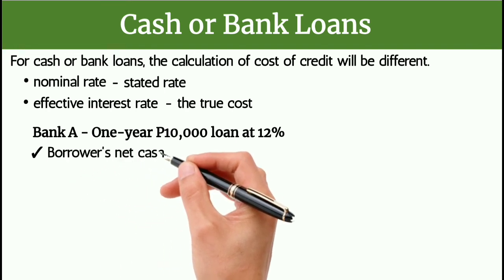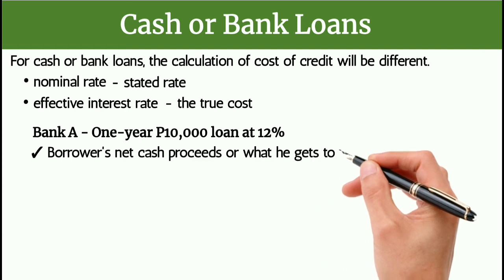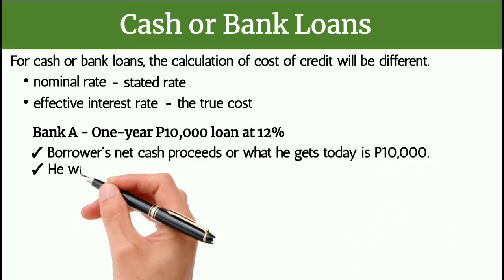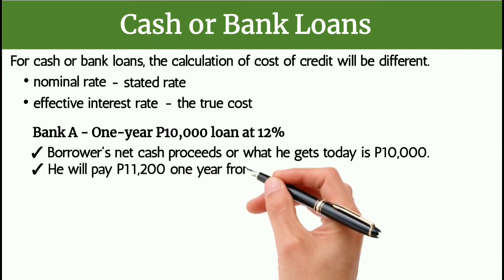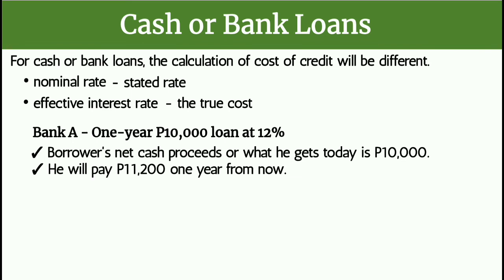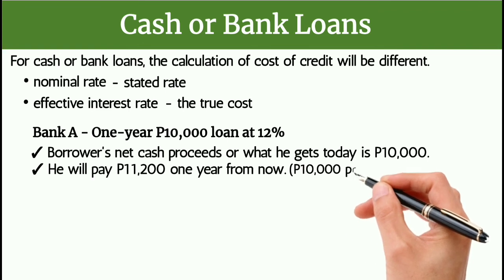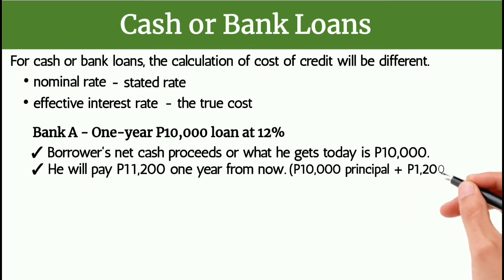The borrower's net cash proceeds or what he gets today is 10,000 pesos. He will pay 11,200 pesos 1 year from now. Paano na-compute yung 11,200 pesos? We have 10,000 pesos principal plus 1,200 pesos interest.